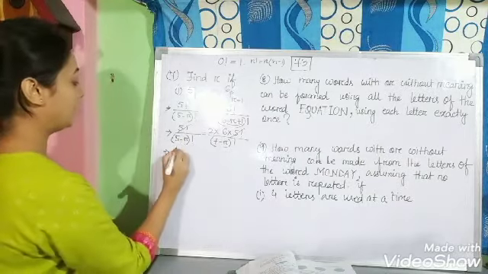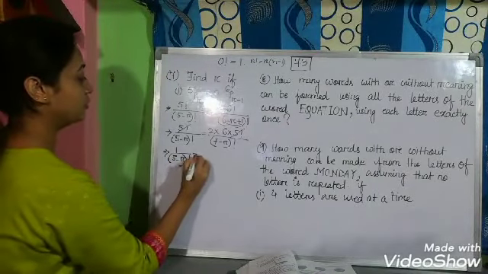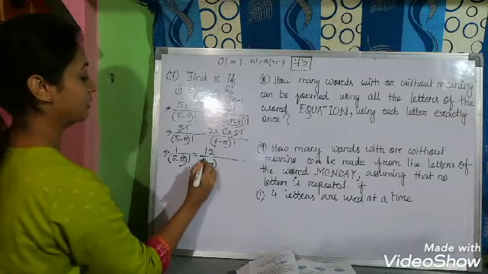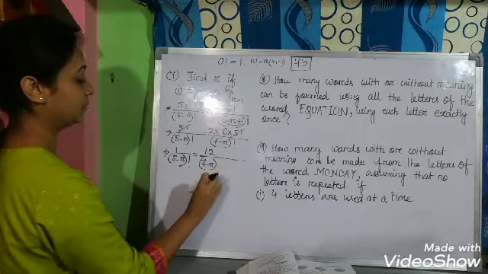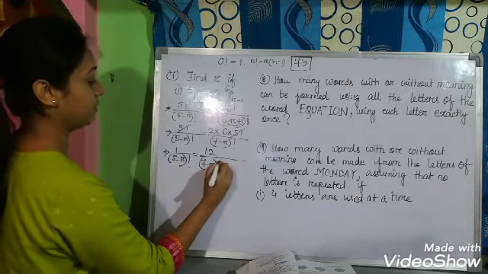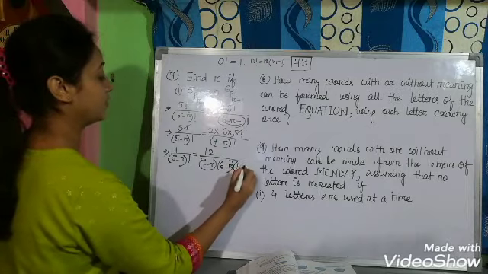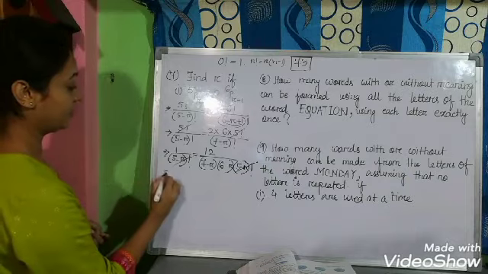Okay, so 1 by (5 minus r) factorial is equal to 12 divided by (7 minus r) factorial, which is (7 minus r) multiplied by, next, (6 minus r) and (5 minus r) factorial. Now (5 minus r) factorial will get cancelled.